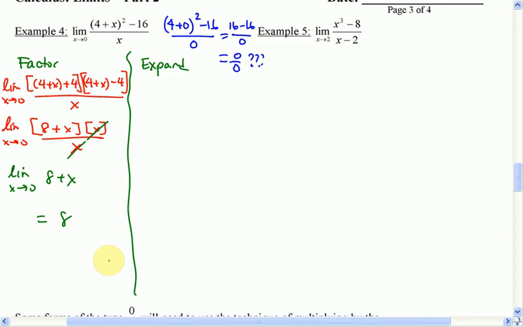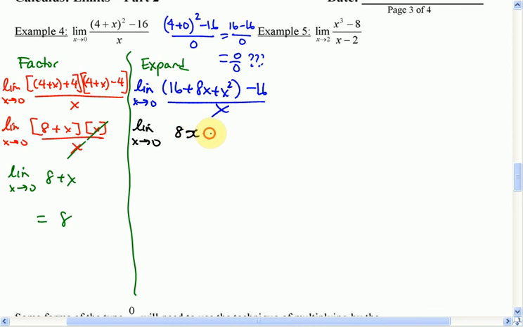Of course, if you don't like factoring, you can expand out the numerator instead. So if you were to expand, you get 16 plus 8x plus x squared minus 16 over x. And if you continue to simplify, on the numerator you get 8x plus x squared, over x.